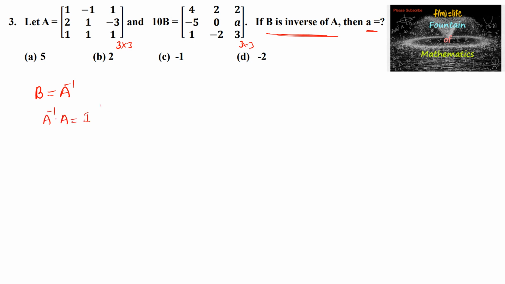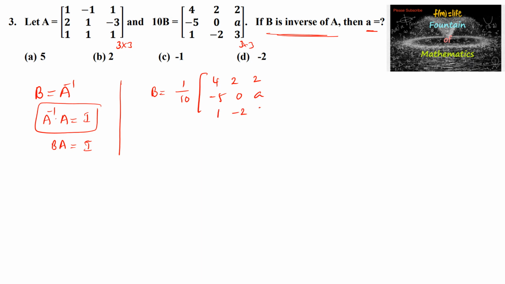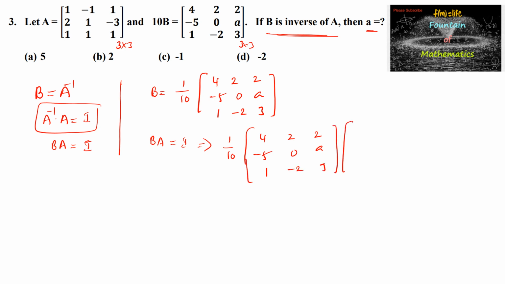and also we have A inverse into A is equal to I, that is B into A is equal to I. So here B is equal to 1 by 10 times [4 2 2; -5 0 a; 1 -2 3], and since we know that B into A is equal to I, we can take 1 by 10 times this matrix multiplied with the A matrix, that is [1 -1 1; 2 1 -3; 1 1 1].